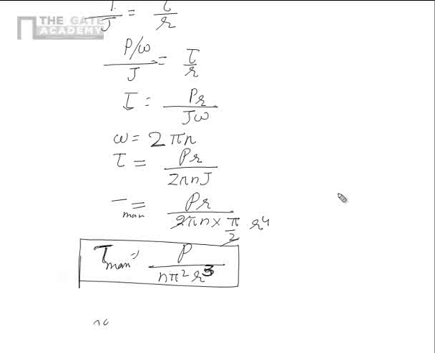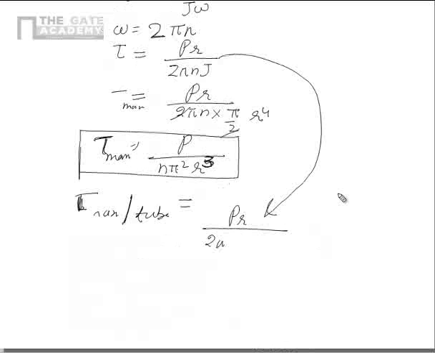So if I just write it quickly, tau max for hollow or tube is equal to, I modify this formula here, PR upon 2 pi n into J, which will be 2 pi r cube t, where t is the thickness of the tube, and if I modify it, it becomes 4 pi square n into r square t.